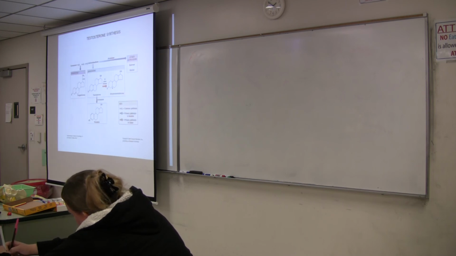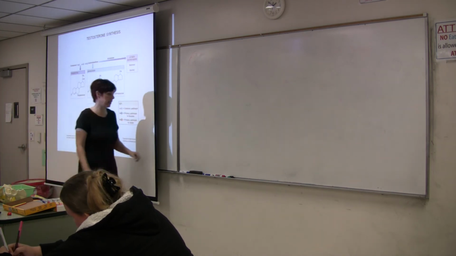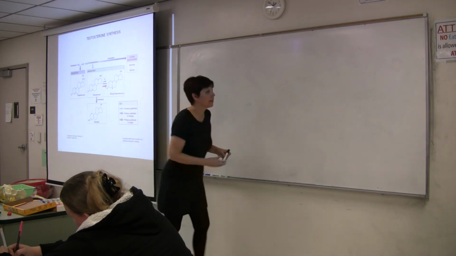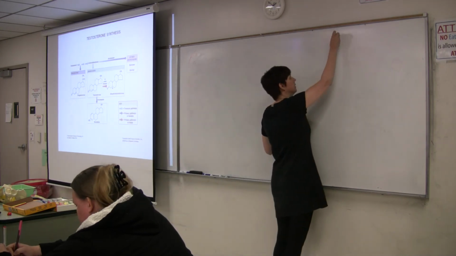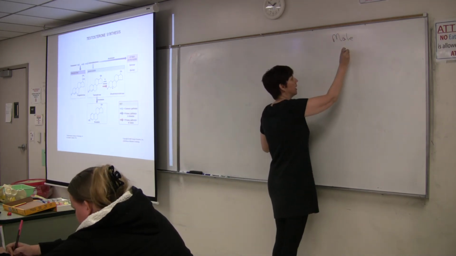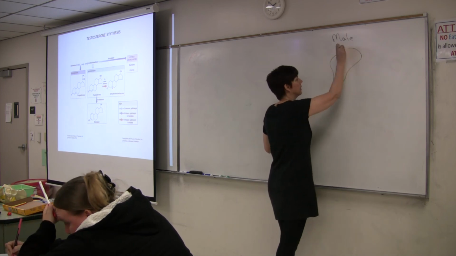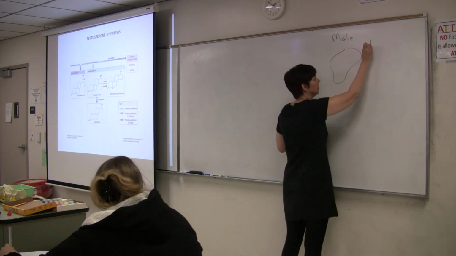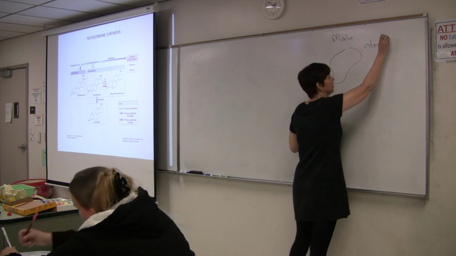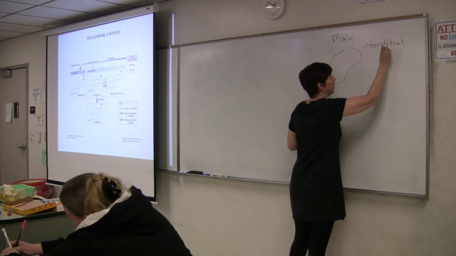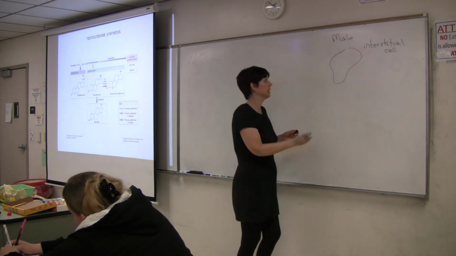This mechanism? You'll see it again on the top of page 108. So in the testes, let's kind of diagram this over here on this side. So in the male, we have our interstitial cell, or interstitial cell of Leydig.